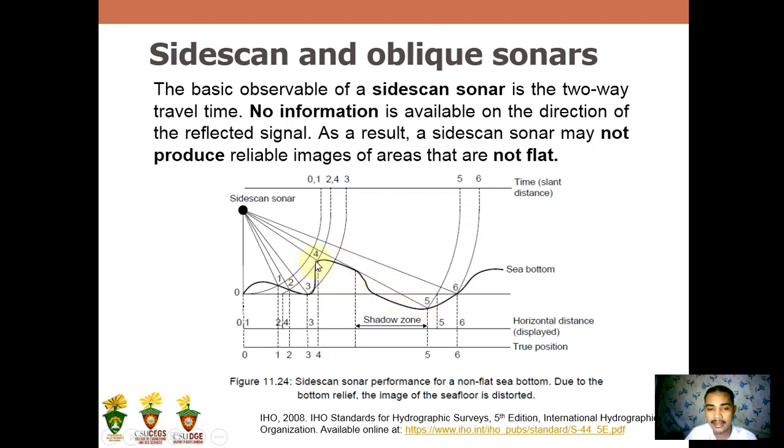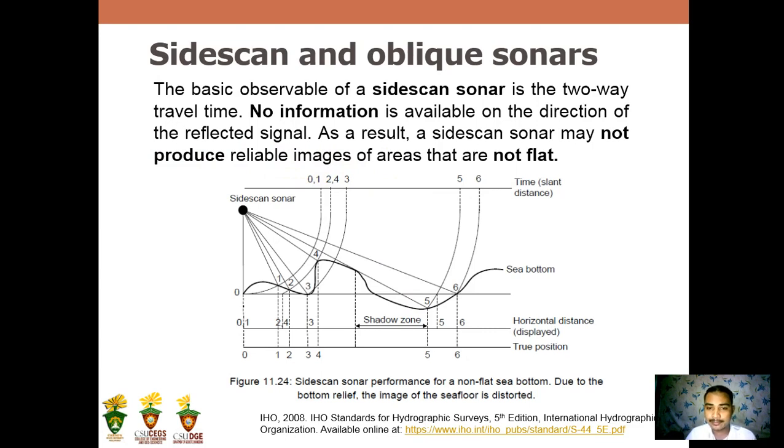From 4 going upward, it goes down again at 5, if we plot it. But in reality, underneath, the elevation changes here, but since the side scan cannot see it, we can say that the side scan sonar is not reliable for images, especially for irregular terrain underneath.